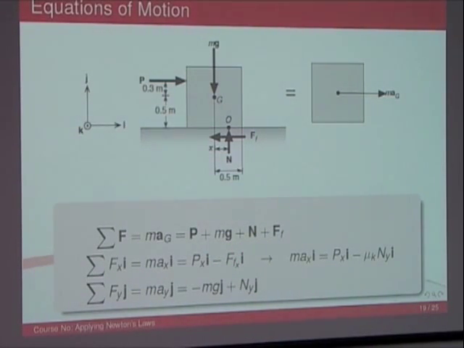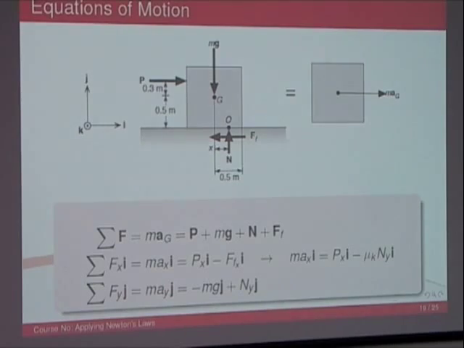Friction force, don't forget, always opposes motion, okay? You never get a friction force that's going to increase motion. It always opposes motion. And so substituting in for the friction force, we've got obviously mu times the normal reaction force, okay? And then obviously in the y direction, we've got the same thing.